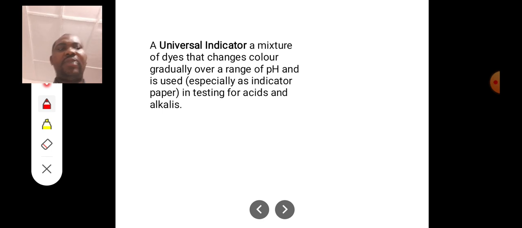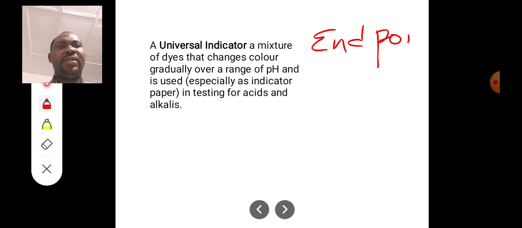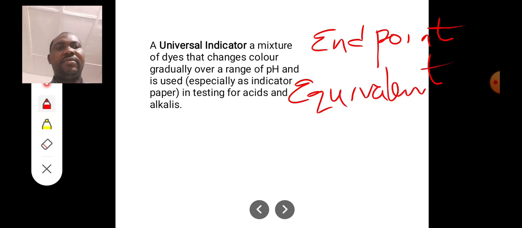Now, but I want to add some definitions here, two things I didn't write down. We have endpoint. You should know what endpoint is, and you should know the difference between endpoint and equivalence point. So what is endpoint and what is equivalence point?